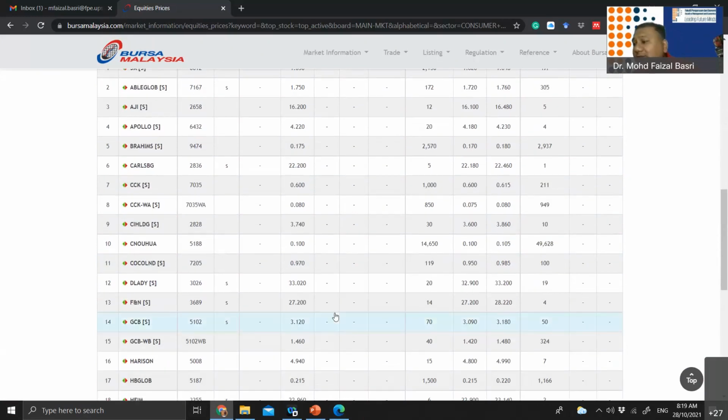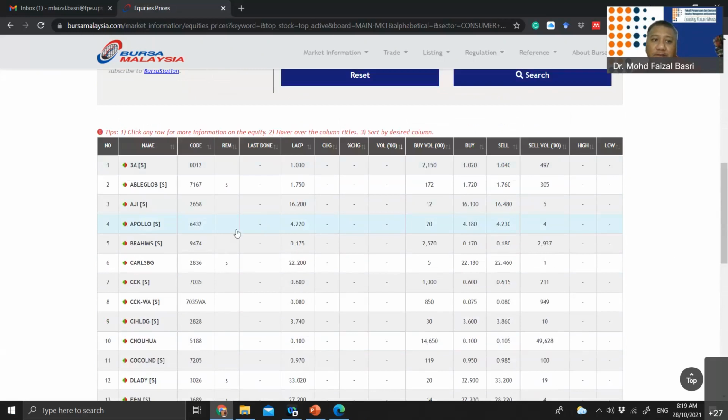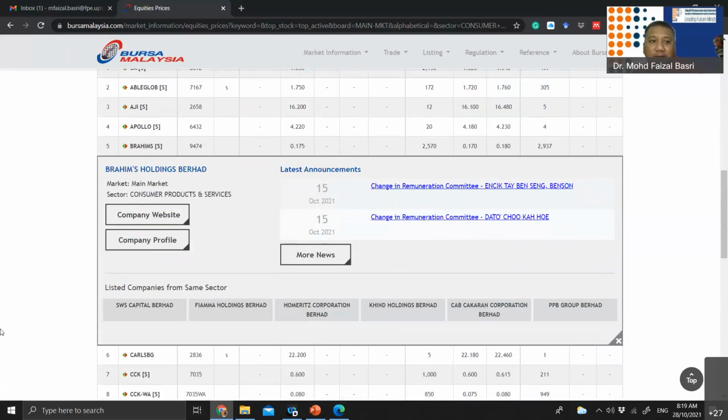So this is how you find companies who trade in Bursa Malaysia, and obviously these companies are considered listed companies. For example, if I click Brahim's, the full name is Brahim's Holdings Berhad. You can get all the information here. You can go to the company's website and see their company profile. So this is for later on.